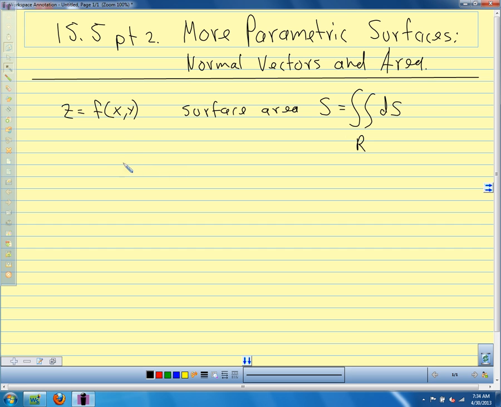We said that dS, our surface area element, our little element of area, was the square root of the partial with respect to x squared plus the partial with respect to y squared plus 1 dA.